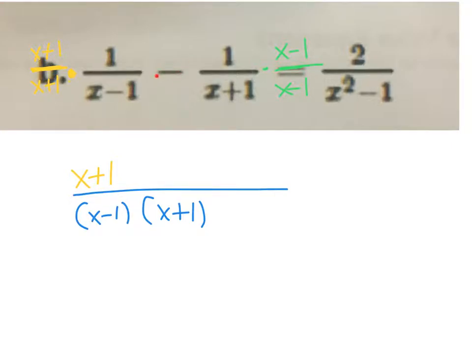Don't forget, though, there is a negative 1 in the numerator. This sign goes with it. So that leaves me with a negative 1 times x minus 1. And then this is going to be equal to 2 over x squared minus 1.